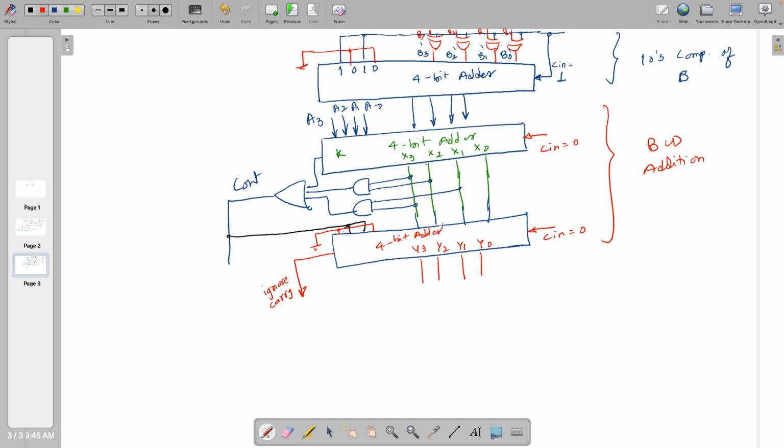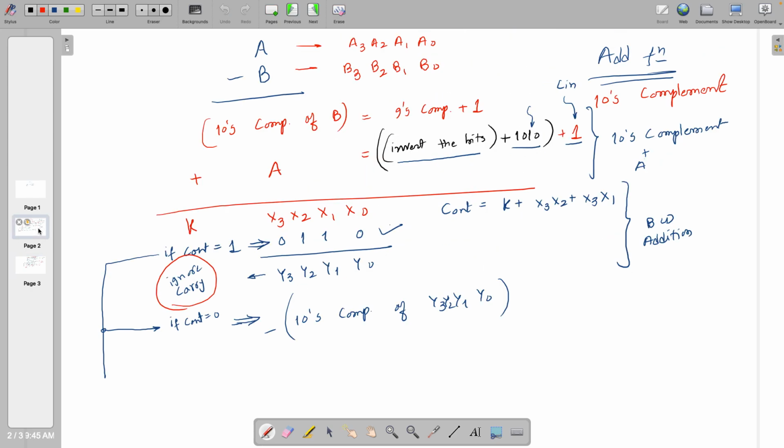Right? So what we need to do right now, we need to see the following things. If carry equal to 1, then whatever answer you got, this is the answer. You should stop here.